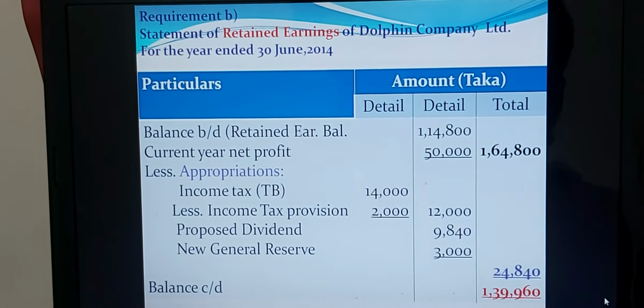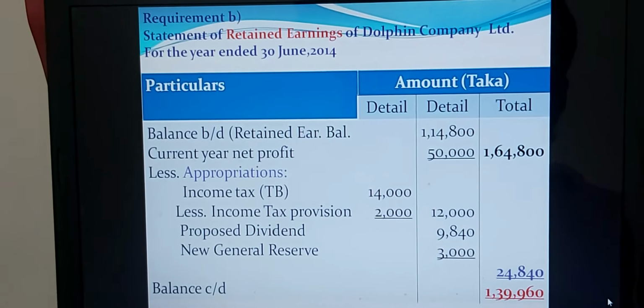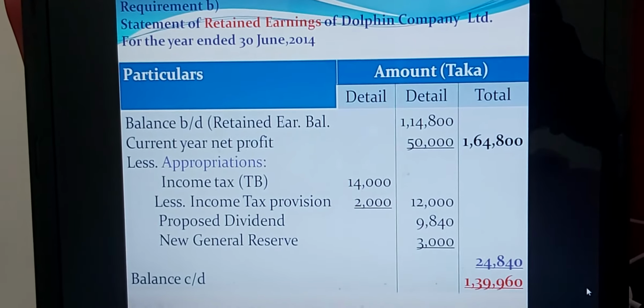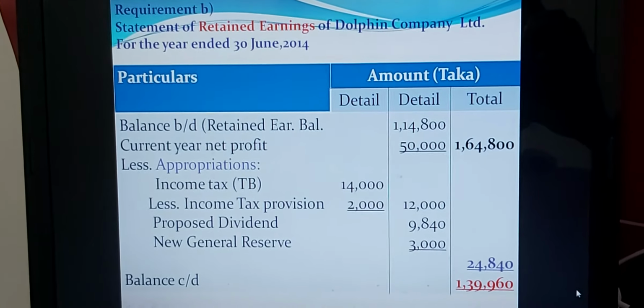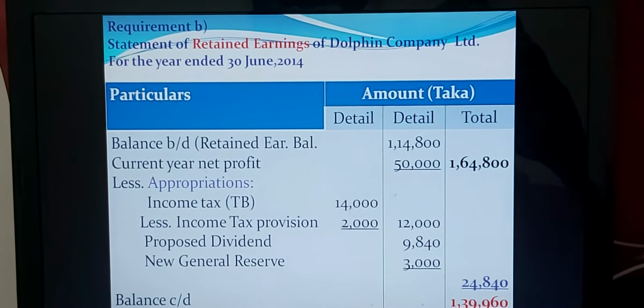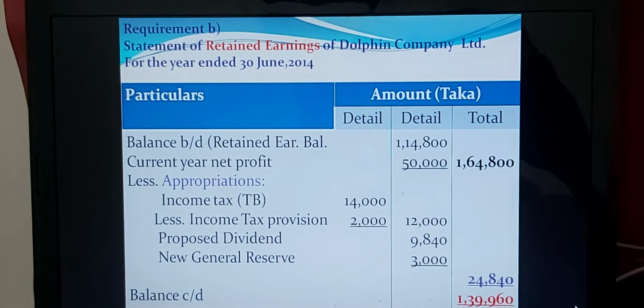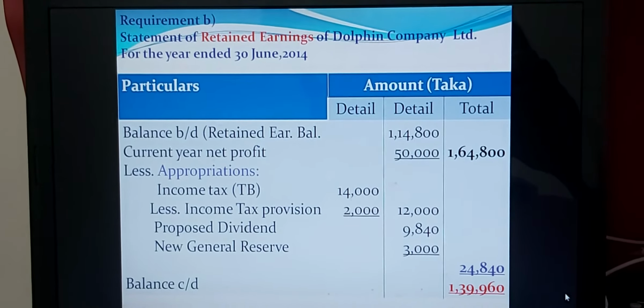Another item, general reserve is to be created by taka 4,000. We know new general reserve is to be taken from adjustment. Then you have to go for appropriations item in retained earnings statement.